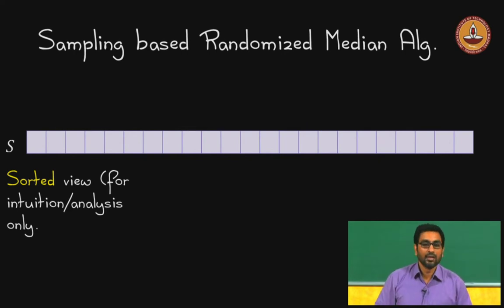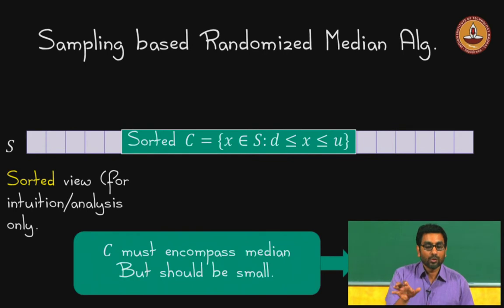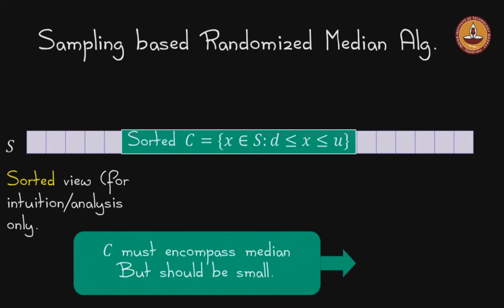So, in this sorted array, you can superimpose the array C, and remember, array C is something that we actually sort in the algorithm as well. And in this array C, the D, the smallest element in this array, we hope is less than the median in S, and U we hope is to the right of the median.